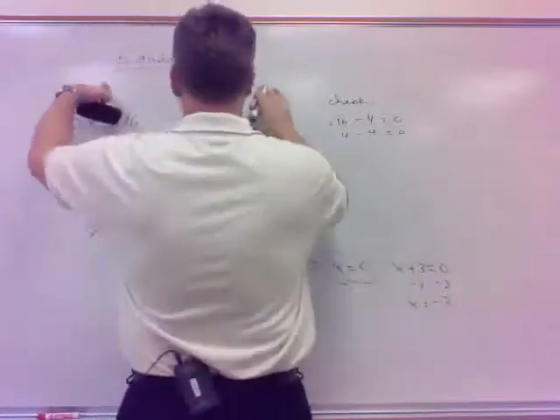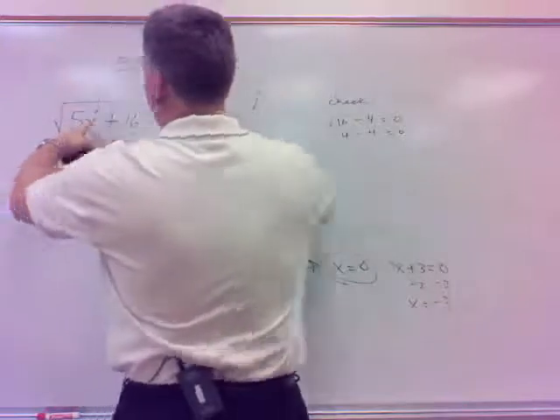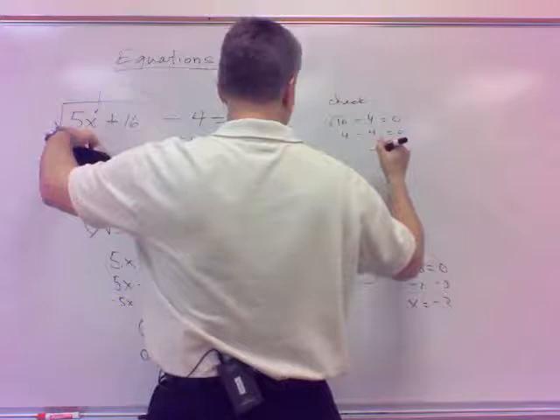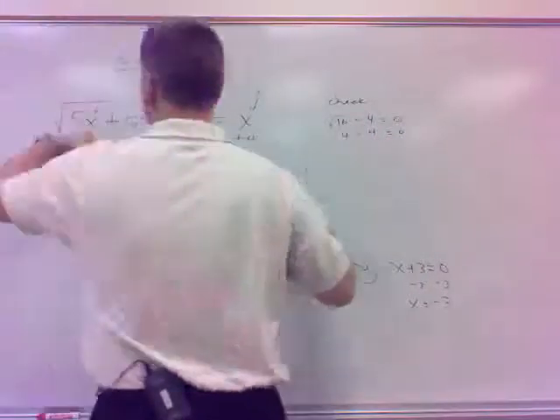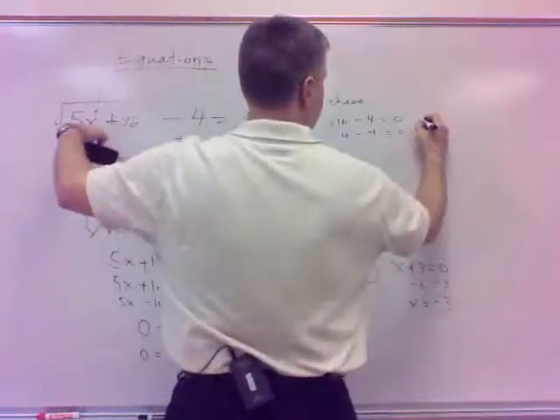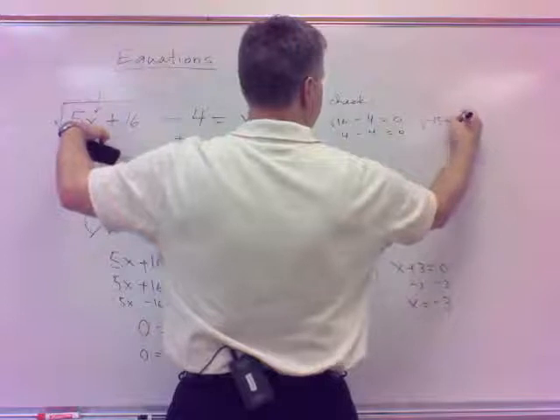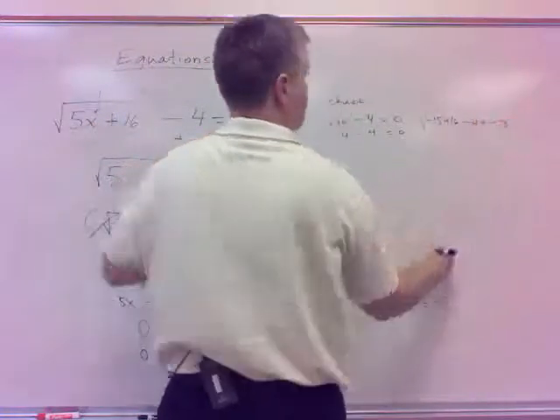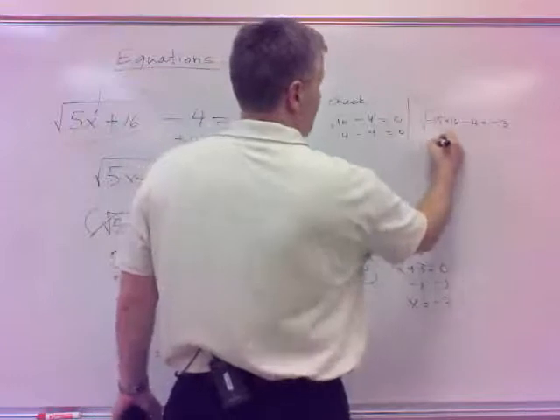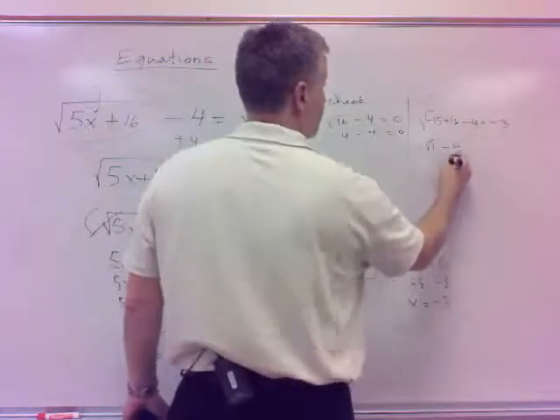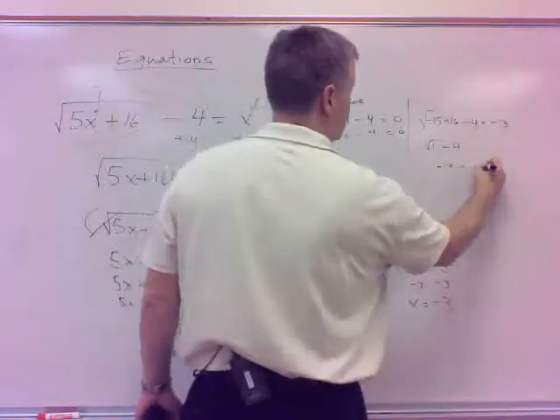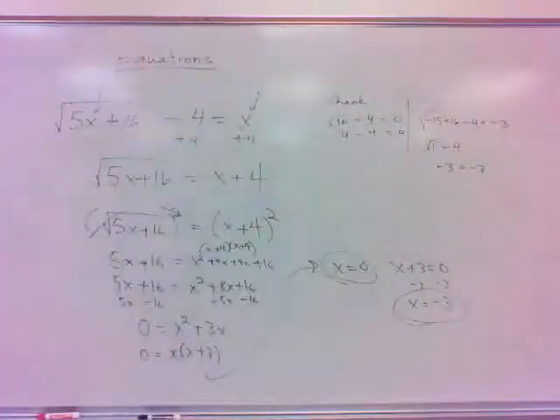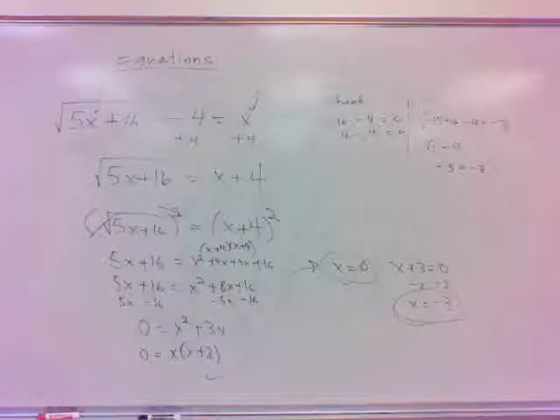If I drop negative 3 in there for x, that'd be the square root of negative 15 plus 16, minus 4, equals negative 3. Does that work? Square root of 1 minus 4, that's negative 3. It does work. So in this case, they both work. Sometimes they both will work. May not, though. So we want to check them.